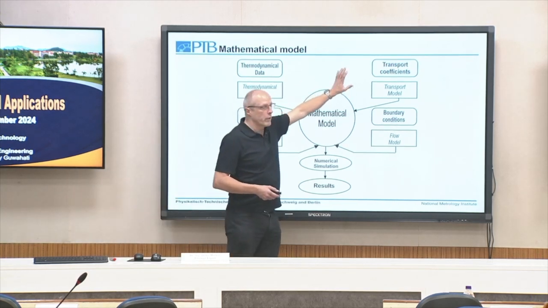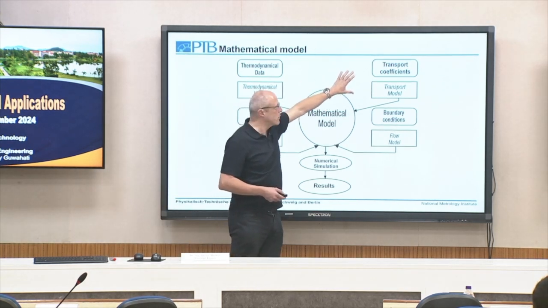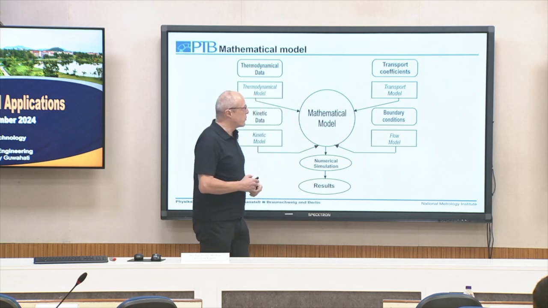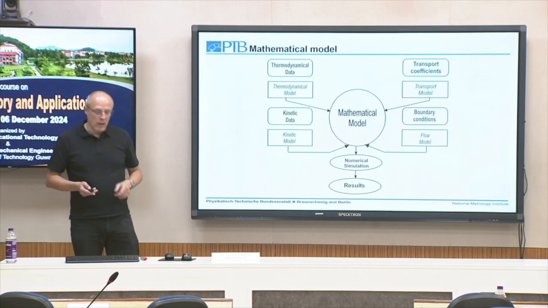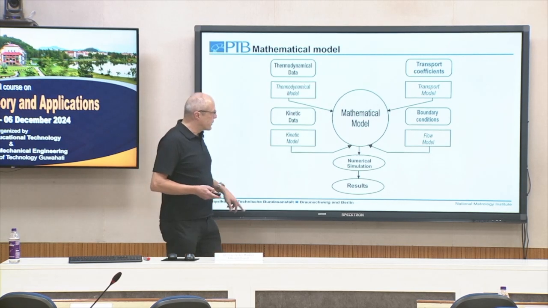If necessary, depending on the equation system we want to solve, we also need transport coefficients. And finally, we need the boundary conditions. And this altogether gives us our mathematical model. And then we can perform numerical simulation and get some results.